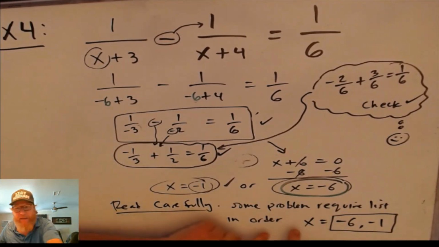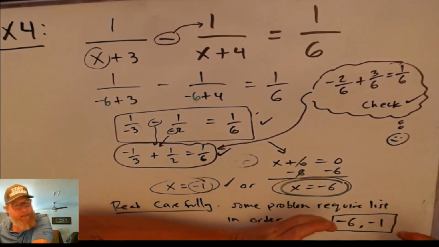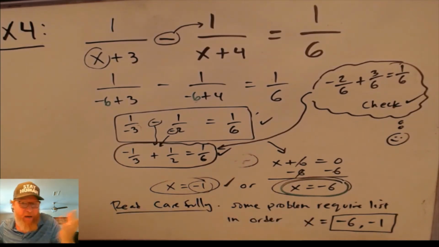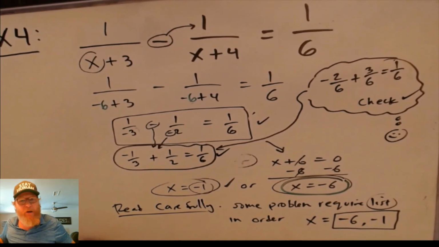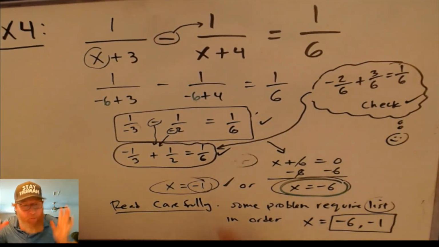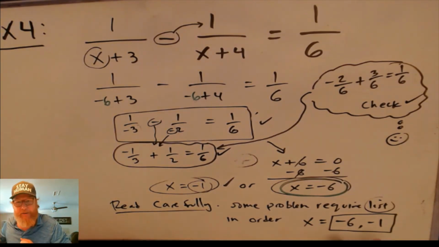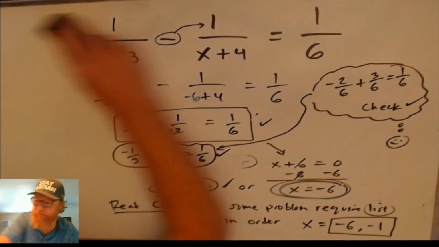If it literally just says x equals and it gives you a single box, then you would list both of the numbers with a comma. Don't put any brackets or parentheses or braces around your answer. These are just two distinct values. Typically, we list them in order, -6 to -1.